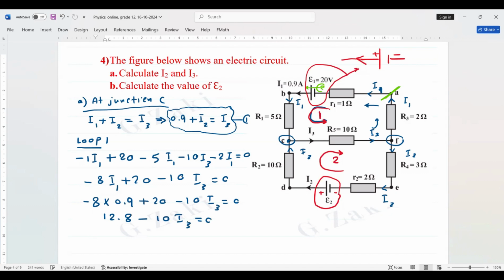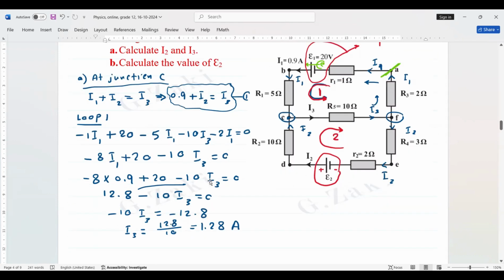Shift 12.8 to the other side, so negative 10 I3 is negative 12.8. Cancel negative with negative, then I3 equals 12.8 divided by 10, so I3 is 1.28 ampere. Now, how can we get I2?